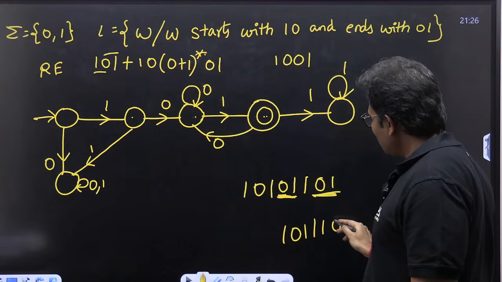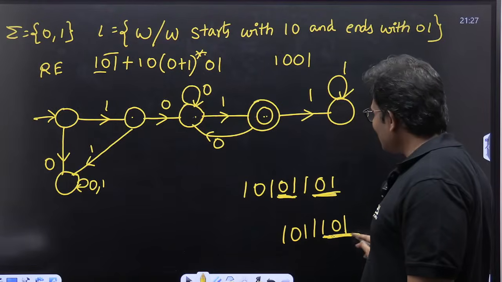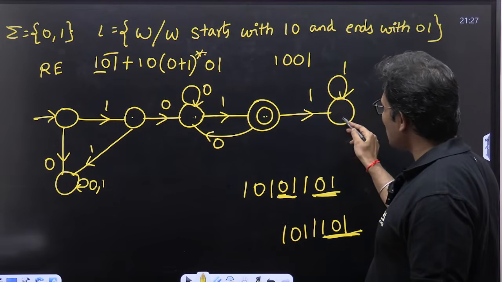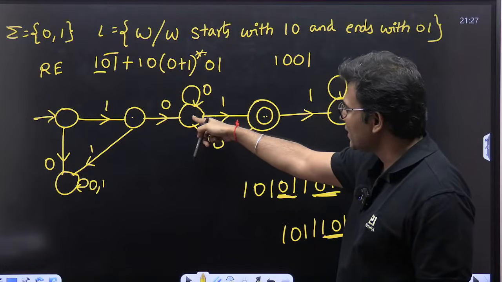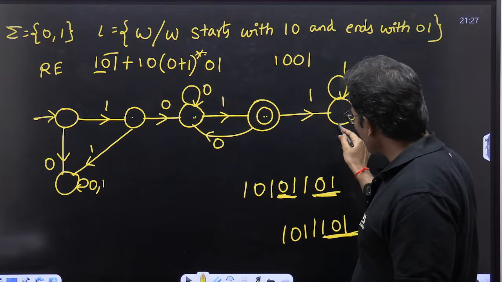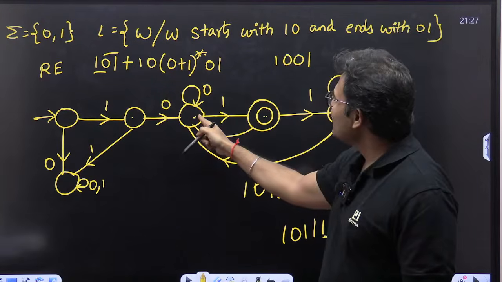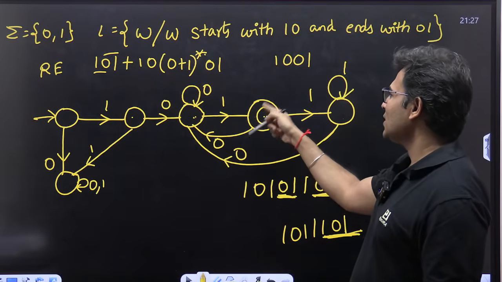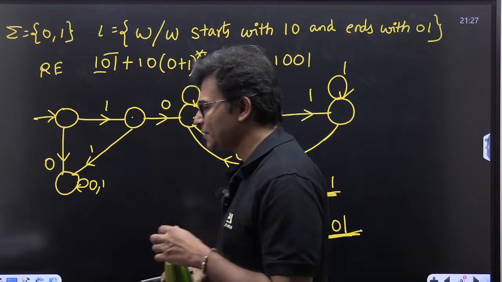Now I should wait for a 0, 1. If I get a 0, I should get a 1. This is the state waiting for a 1. So if I get a 0, I will go ahead, and if I get a 1, it is ending with 0, 1, and I'll accept it.